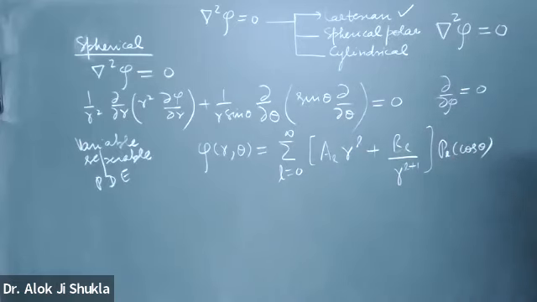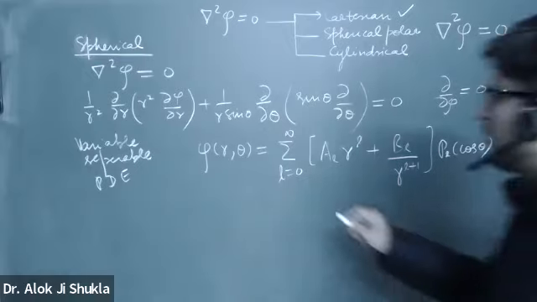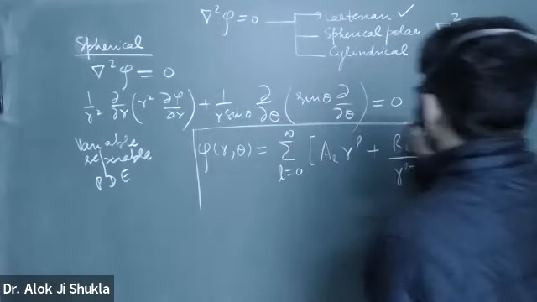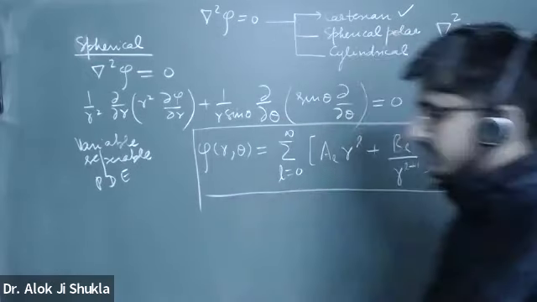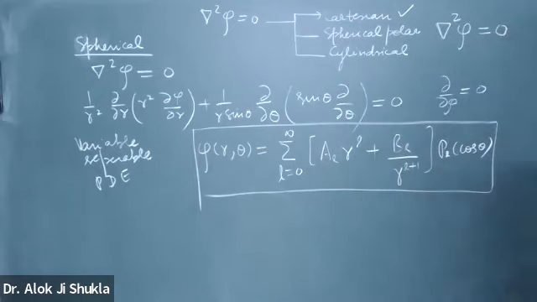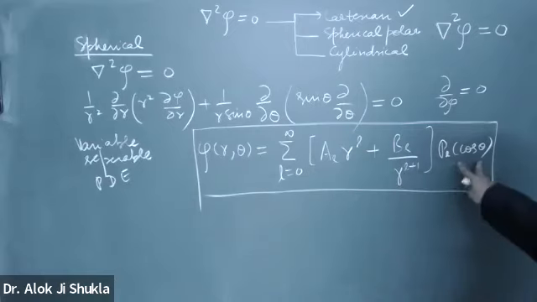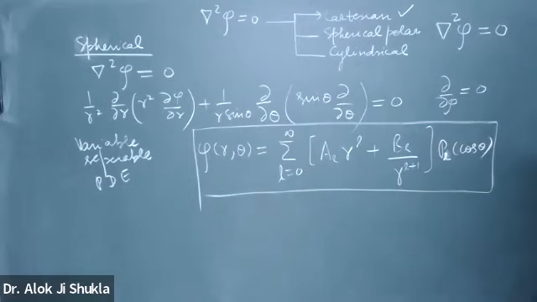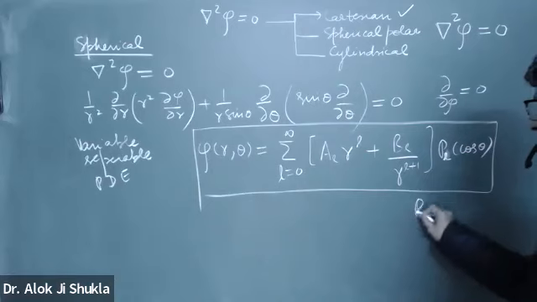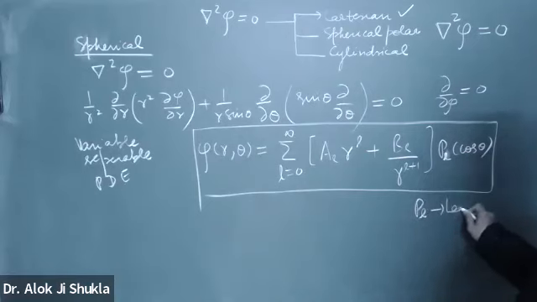So this is what the solution looks like. It is very symmetrical, so we can remember it very easily. This is the radial part, which depends on small r, and this is the theta part, which depends on theta. And what is PL? PL is Legendre's polynomial.